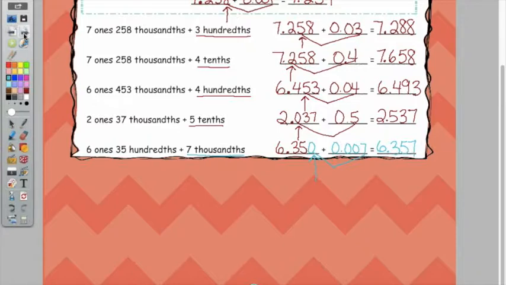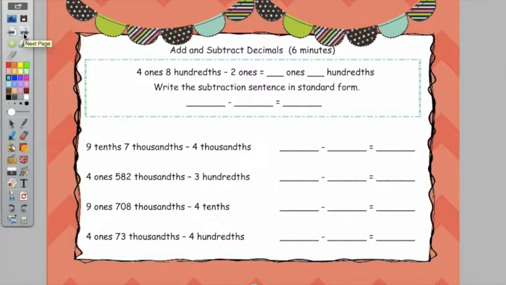Okay, the next slide is just the same thing, but it's subtraction. So here it says 4 ones and 8 hundredths. What place value am I changing? The ones place.